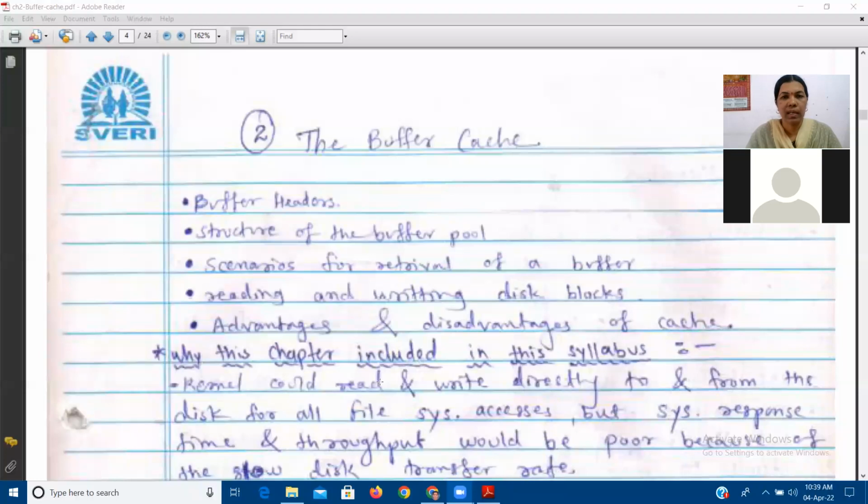We have started the second chapter, buffer cache. So again, we have discussed the architecture of the kernel in the first chapter, that block diagram. And in that block diagram, we have shown the buffer cache. Parallelly, you can look into the diagram and tell me where buffer cache is maintained.